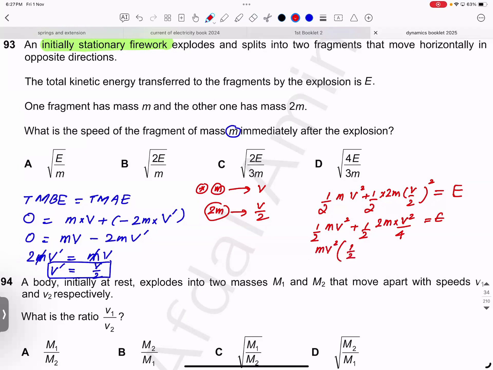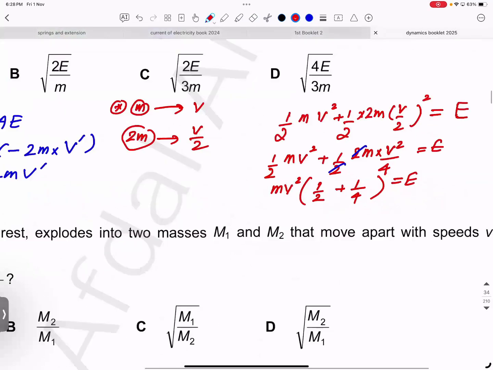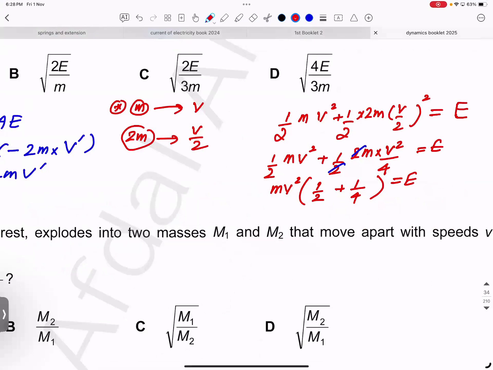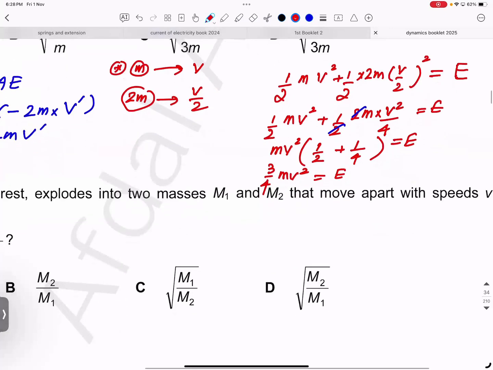So it is half, this 2 cancelled, so 1 by 4, is E. Half plus 1 by 4 is 3 by 4 E. Cross multiply, m v square is 4E by 3.